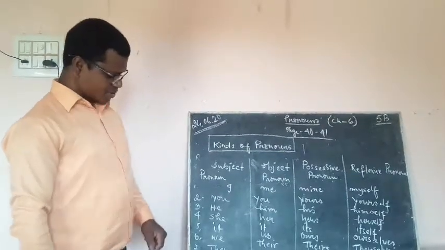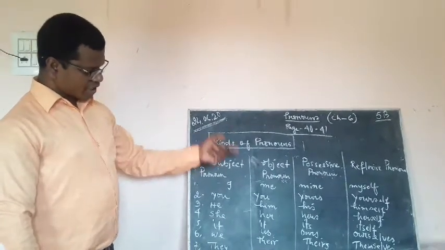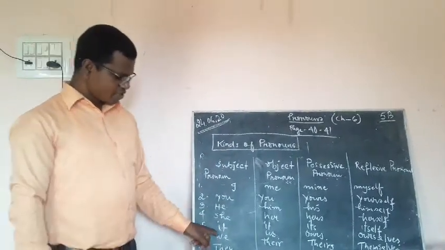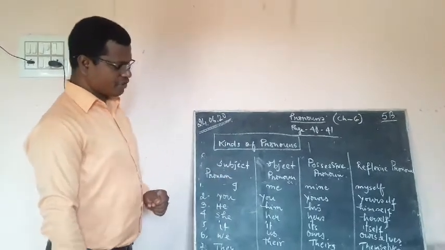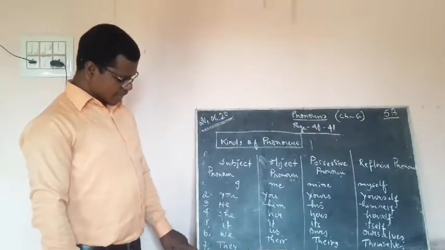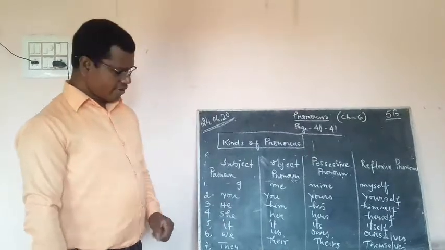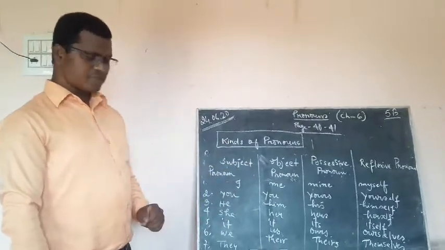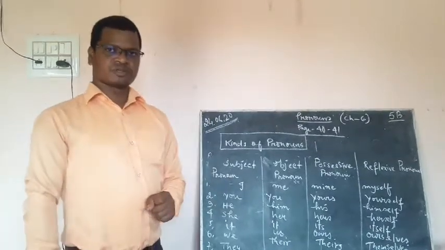Let us move on to the sixth, we, in the subject pronoun, and when it changes into object, we changes into us, and possessive ours, and the reflexive will be ourselves. You see the last one here, they, in the object pronoun it becomes them, in the possessive pronouns that is theirs, and the reflexive pronoun themselves.